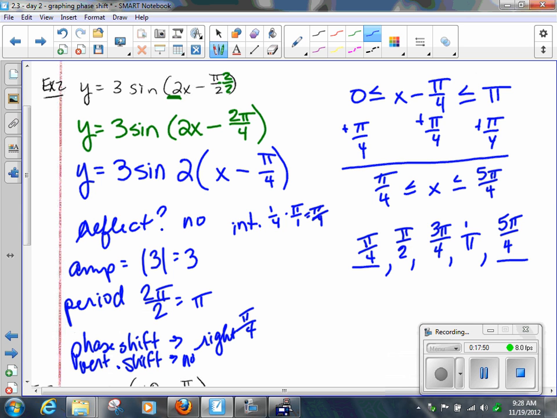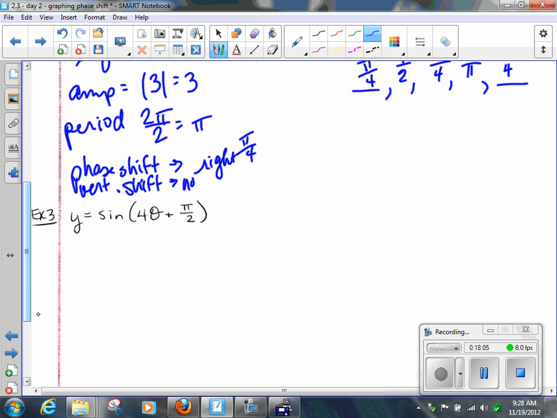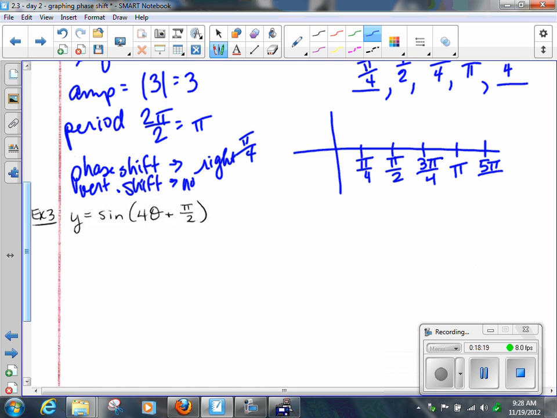1 pi. Is that what you're asking here? You have to have the pi in it, yes. So graphing it should be fairly simple. We went to the right: pi over 4, pi over 2, 3 pi over 4, pi, 5 pi over 4.